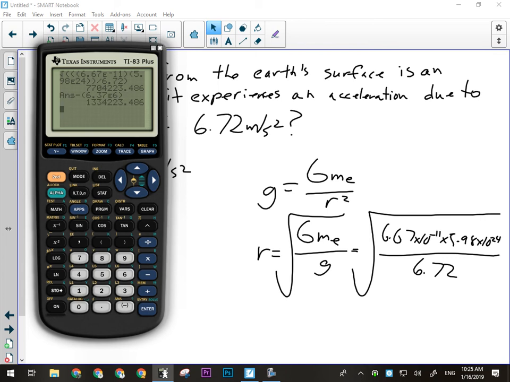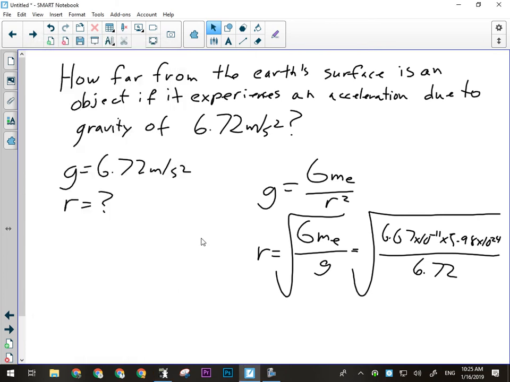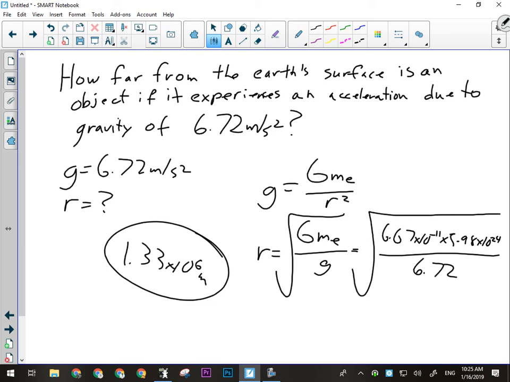Okay, so we're looking at 1.33 times 10 to the 6 meters from the Earth's surface. All right, so that would be a typical one.